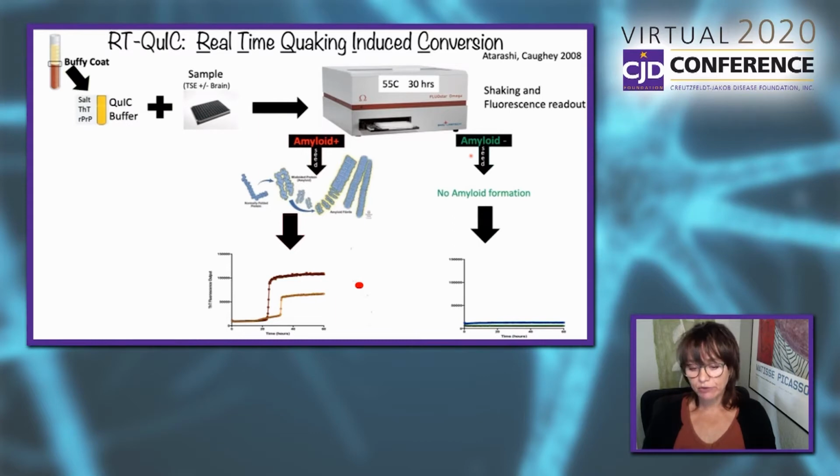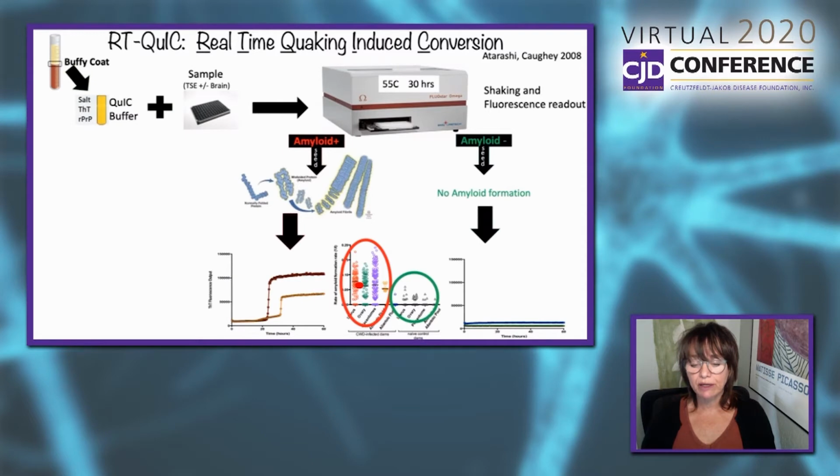In our case, what we've been doing is turning these into rates over time. It allows us to look at a lot more samples and a lot more replicates of a sample at one time. It makes it much easier on the eye so that we can differentiate between a positive sample that contains amyloid associated with prion diseases versus a negative that has no amyloid.